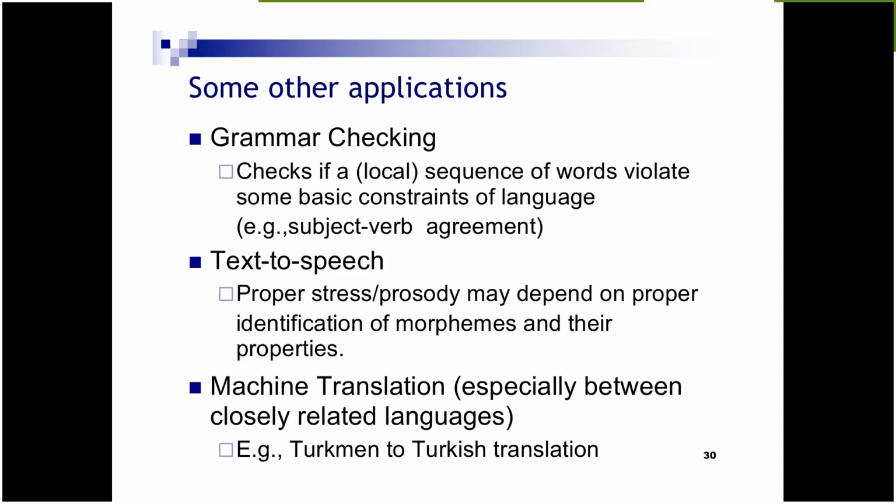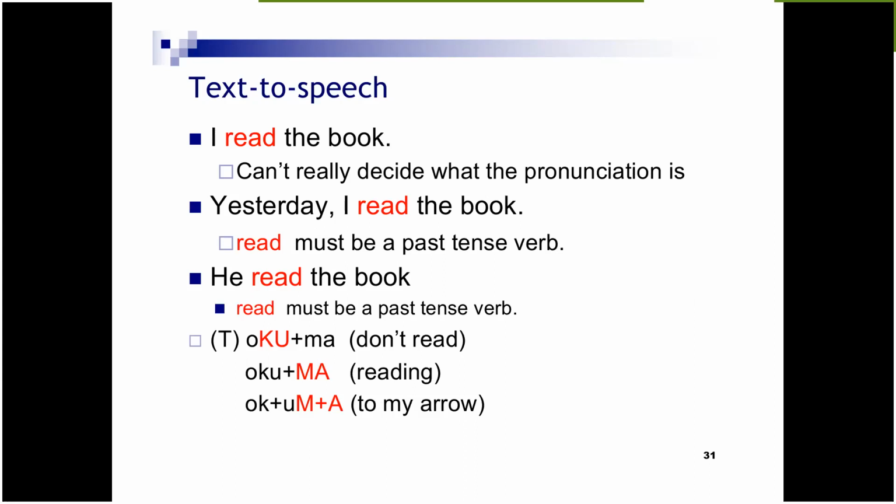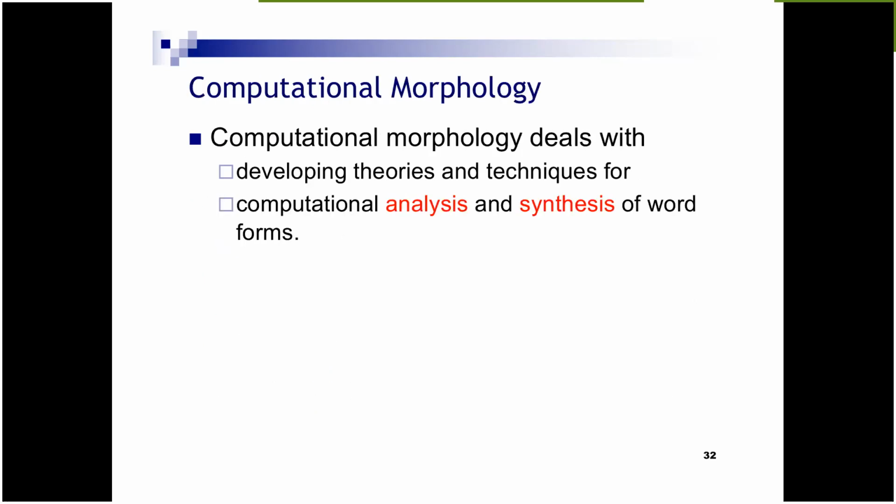Or in machine translation systems, you also need to know the meaning of the words and their structure and their functions. Here's an example: if you say the word read and you want to know how to use it in different sentences, you need to know the morphology, or at least the part of speech it is, to be able to do the application.